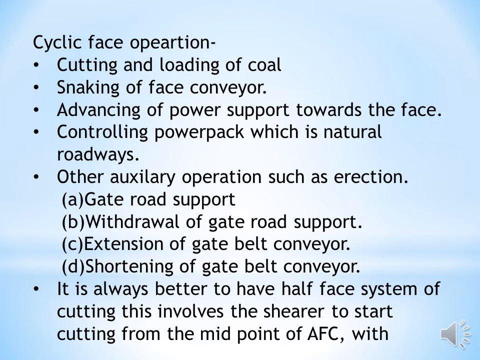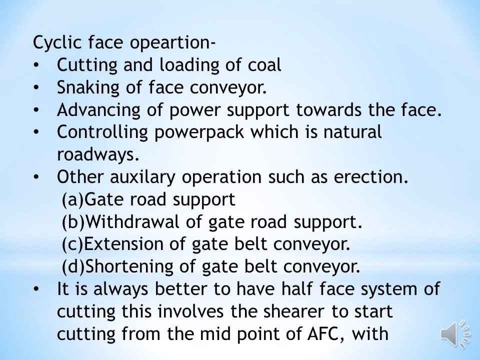Next, snaking of the face conveyor. Snaking means like a snake, a zigzag motion of the face conveyor. Then advancing of the power support towards the face. As shown in the image in the last two slides, a power support, a hydraulic support, is needed to support the roof, and as the face advances, the power support also advances towards the mine boundary in the Longwall advancing method.